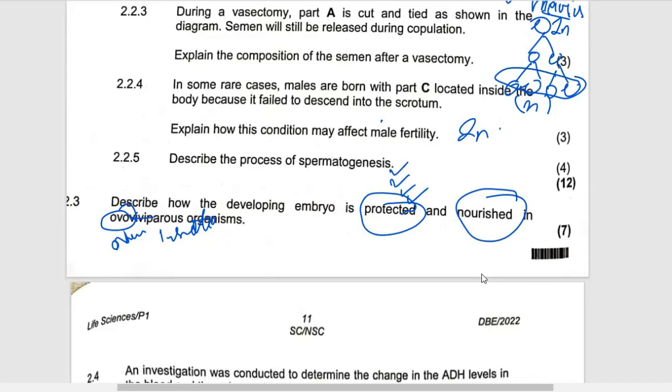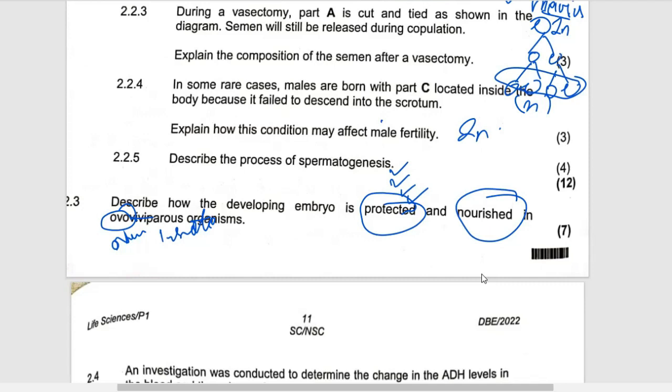This one protects the embryo by removing the waste product. Allantois is basically for waste product. And then you talk about the amniotic fluid, which is very important as a shock absorber.